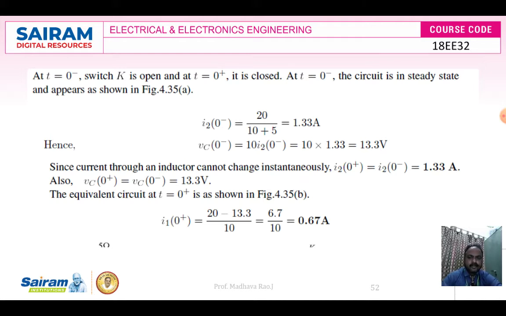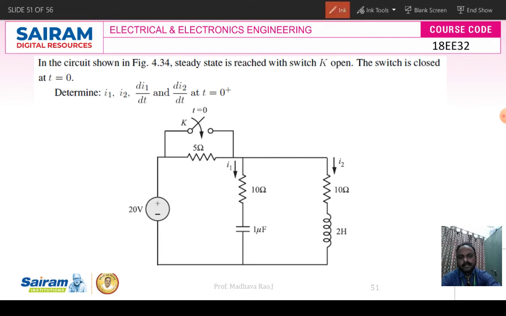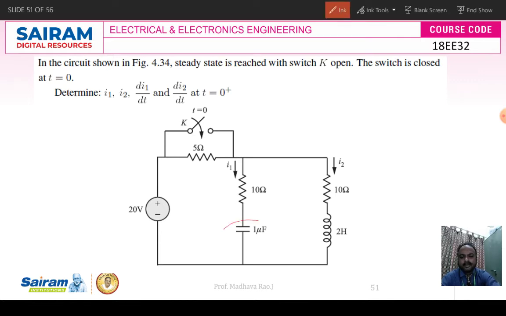I1 of 0 minus will be 0, since the capacitor acts as an open circuit. Now how do we find I2? This entire branch will be open, since the capacitor acts as an open circuit and the inductor as a short circuit.